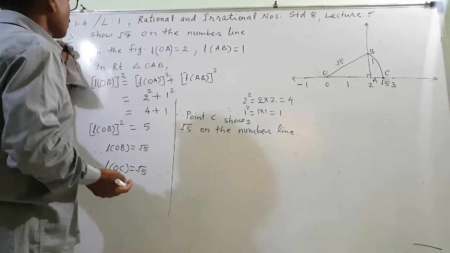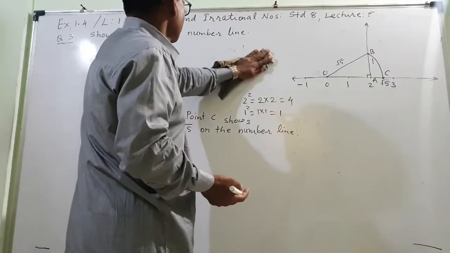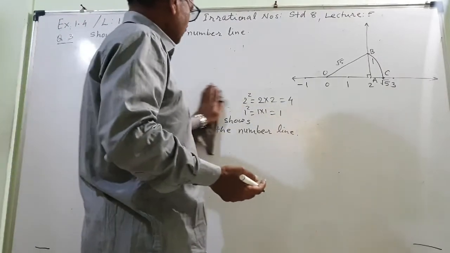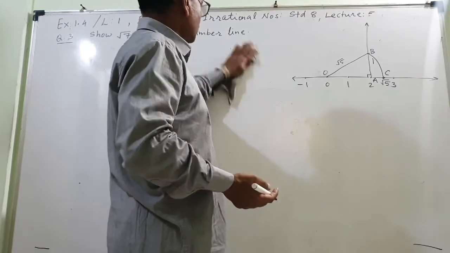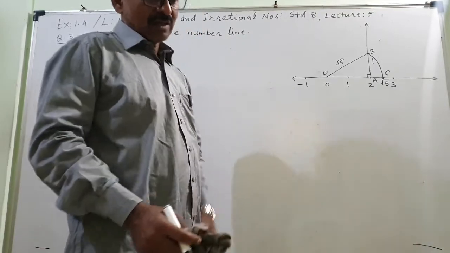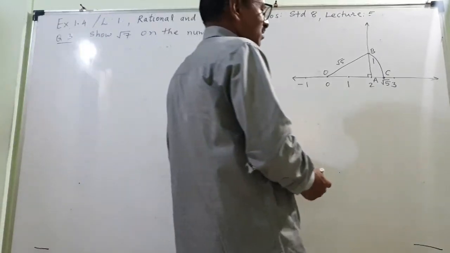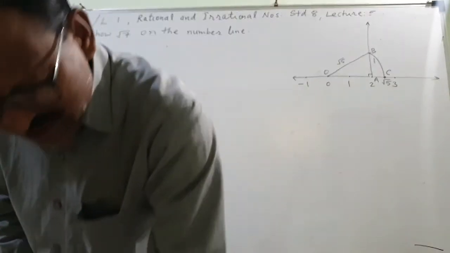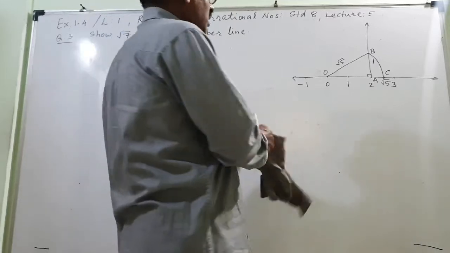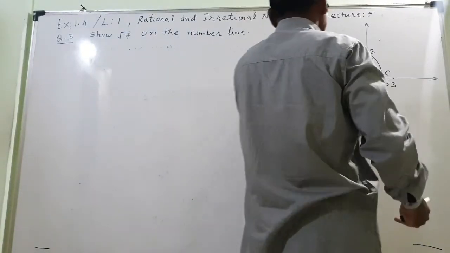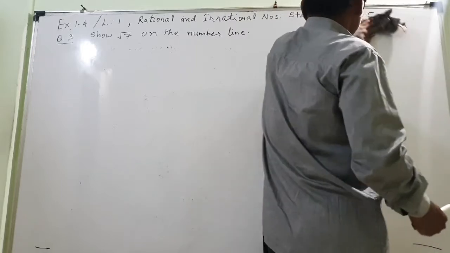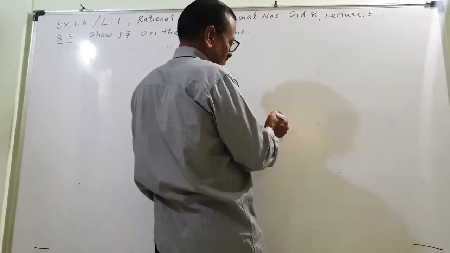As usual, we have to draw the figure. We have drawn the figure. But I want root 7 on the number line. Isn't it? Root 7 means I have to go ahead. I will draw a bigger line now, so that I can show it very properly.